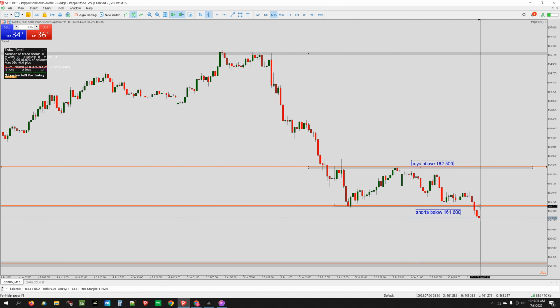GBP JPY we are breaking below, but the whole problem is we are breaking below way before pre London. So we are staying away at this point. Even if this pattern appears while I was in London session with all the conditions remaining the same, I would not have entered this trade.